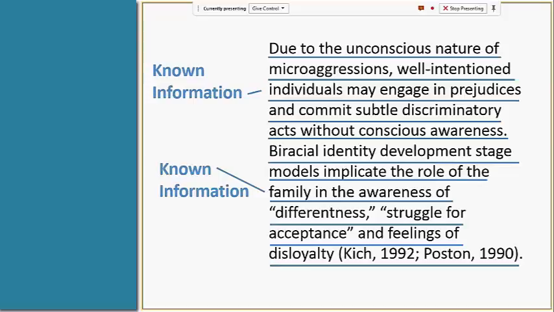So I also want to point out something I really like about this proposal is the way they use their quotations. They use quotations here to kind of highlight important terms in their paper. They don't have this huge block quote of what someone else has said.